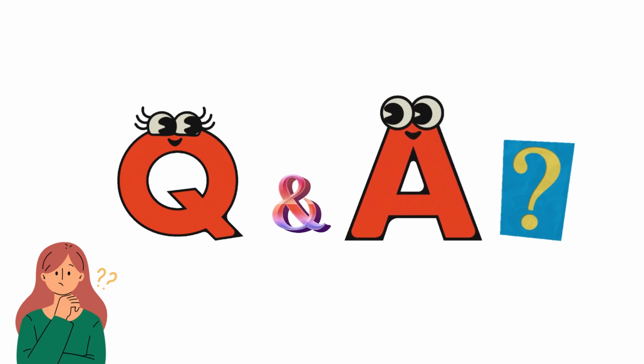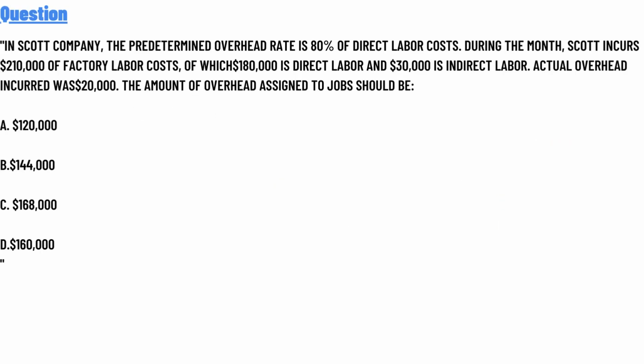Our question today is: in Scott Company, the predetermined overhead rate is 80% of direct labor cost. During the month, Scott incurs $210,000 factory labor cost, of which $180,000 is direct labor and $30,000 is indirect labor.